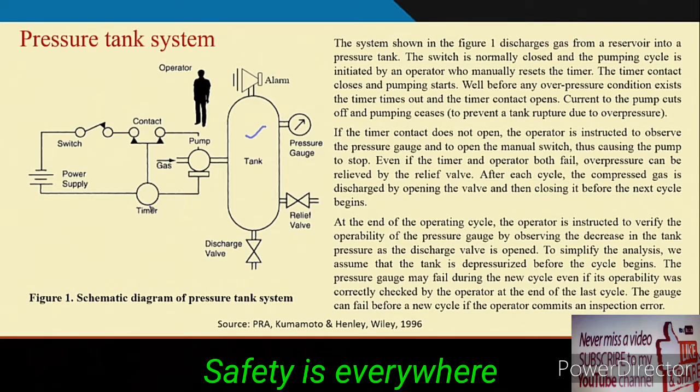The timer is set in such a manner that the desired pressure is attained inside the tank, and after that the timer automatically disconnects the contact, the pump is disconnected from the power and ceases to operate. After that, the discharge valve will open and the gas will go to the utility equipment, and for simplicity complete discharge is considered.